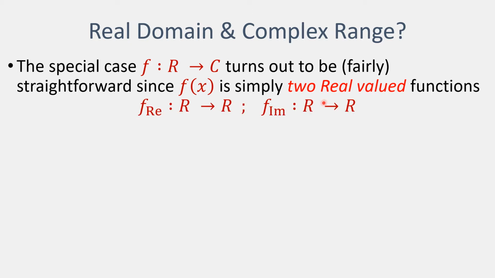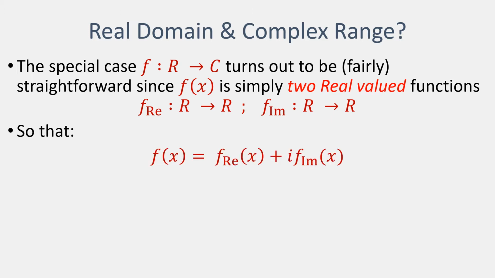The function that is defined as the real part, which maps from real numbers to real numbers, and similarly the function defined for the imaginary part. That also maps from real numbers to real numbers.